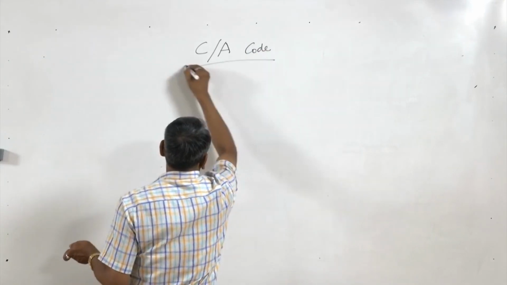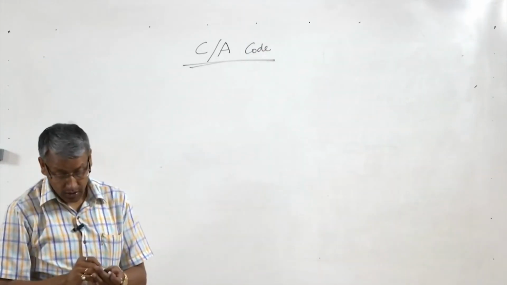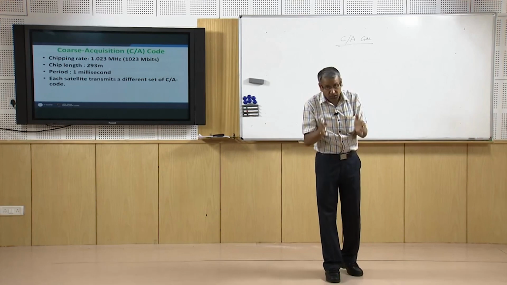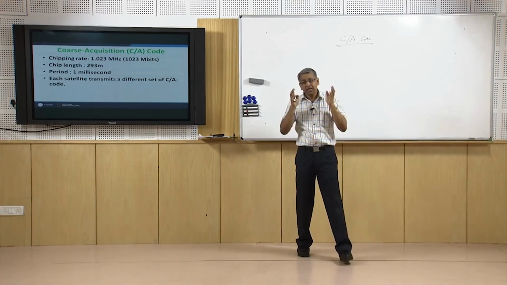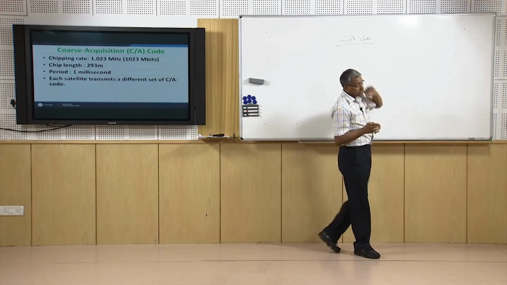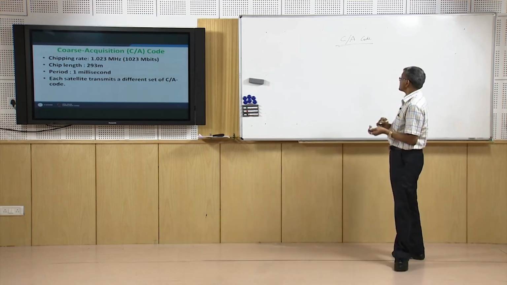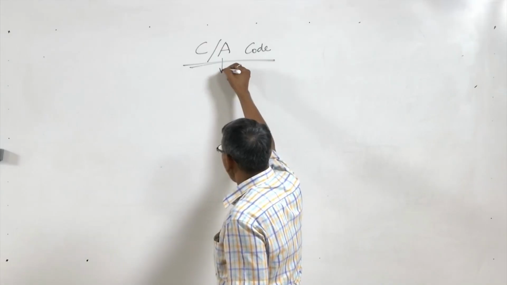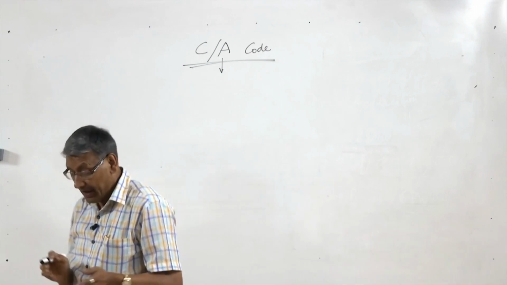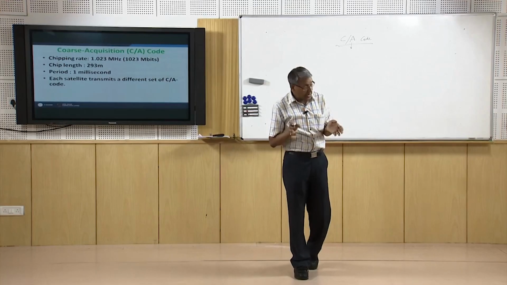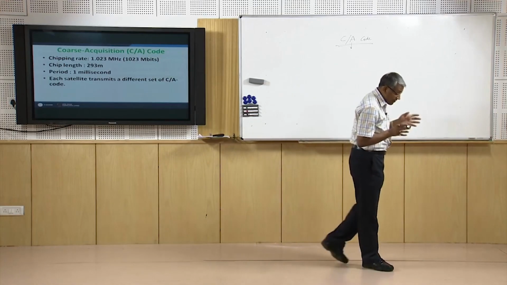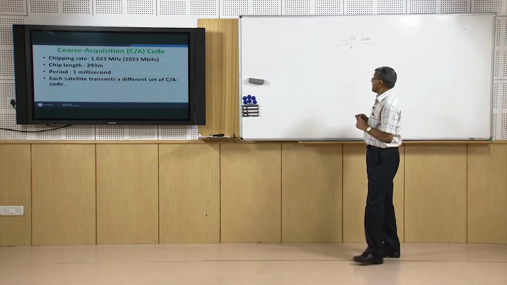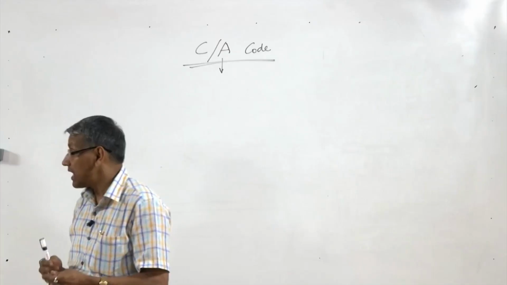Actually, this is the most important code because the acquisition of GPS signal starts with this code, and this provides the identification of the signal. It also provides the measurement of time first, and it helps in acquiring the signal.